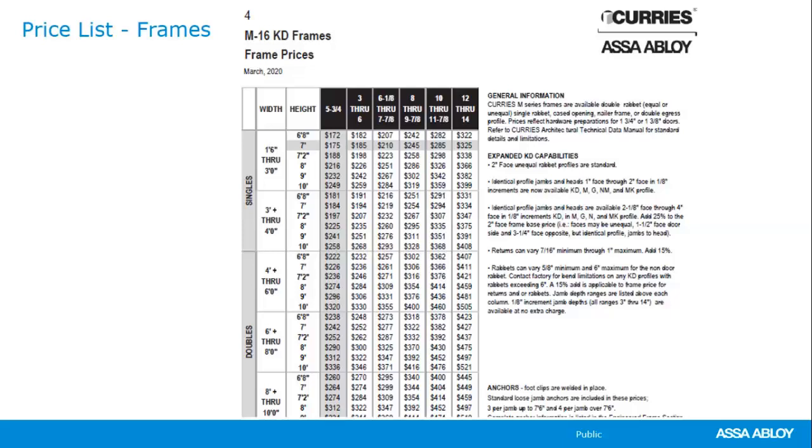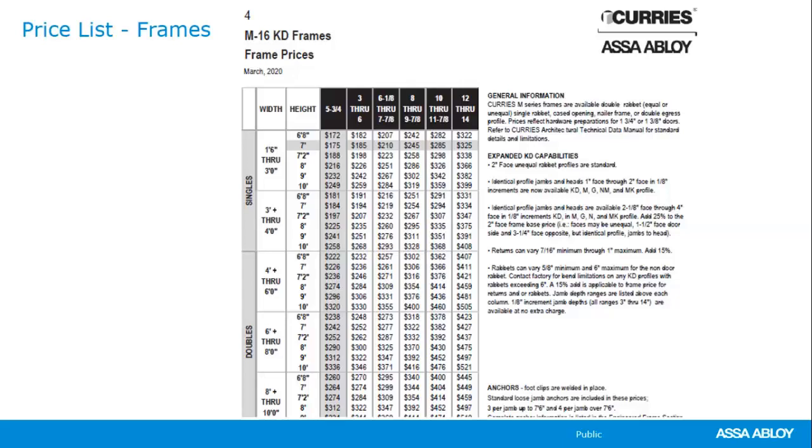Along with the frame chart, you also have some general information on your frames. So it gives you the single rabbet case openings, your double and equal rabbet material, talks about your face capabilities there, and then it goes into, way at the bottom there, you'll see, and I apologize, some of it's a little cut off, but your anchors, foot clips, or some people call them base anchors, those are welded in at the base of all of our masonry frames.